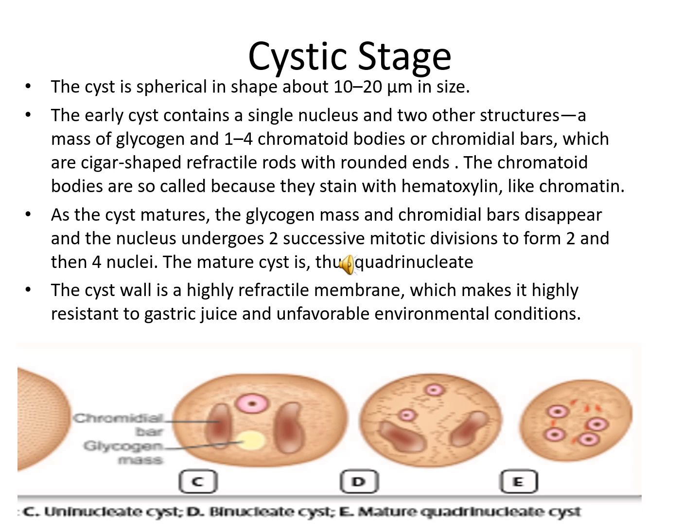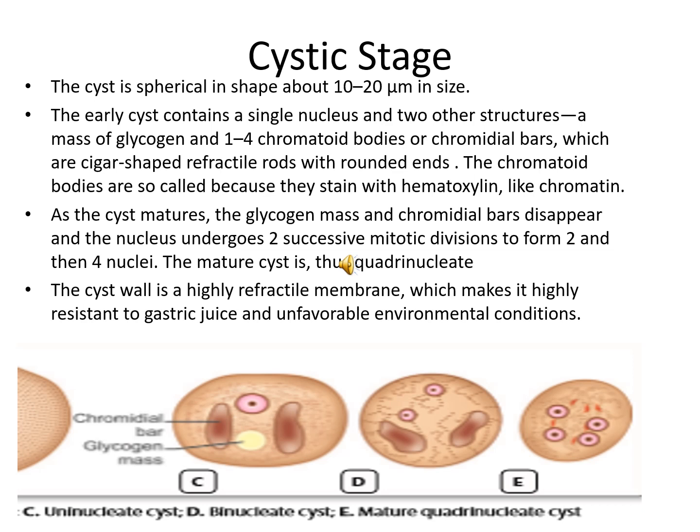The cyst is spherical in shape and is about 10 to 20 μm in size. As the cyst matures, you can see the chromatid bars and the glycogen mass. Then the glycogen mass and the chromatid bars disappear, and the nucleus undergoes division to form 2 and then 4 nuclei.